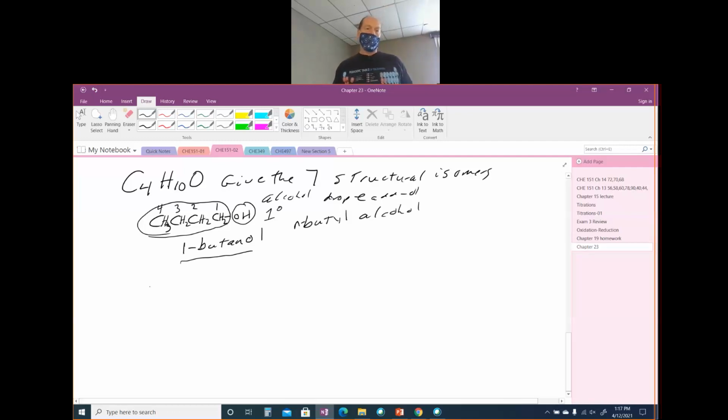All right, so when we had our 4 carbons in a row, we see that we could have put the OH on the second carbon instead of the first or last carbon. Again, we have to have 4 bonds to carbon, so that's a CH3, that's a CH2, that's a CH, that's a CH3. You may want to write out all the bonds.